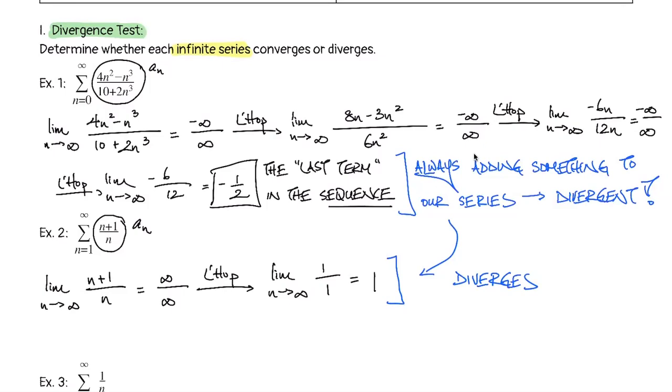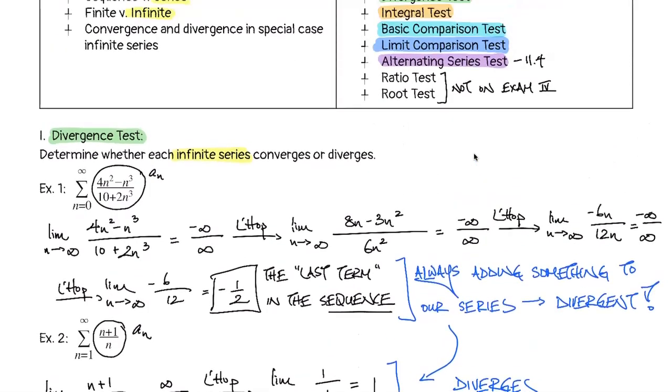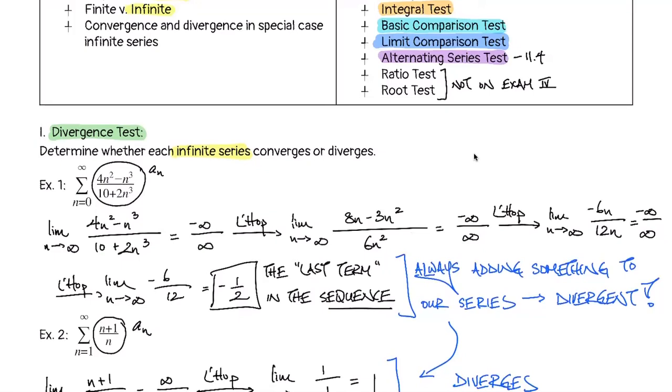Now, let's zoom back to pre-calc for a bit, and just take a look at just the a sub n. So if I gave you y equals 4x squared minus x cubed over 10 plus 2x cubed. So basically what I had for my a sub n, but with x's.